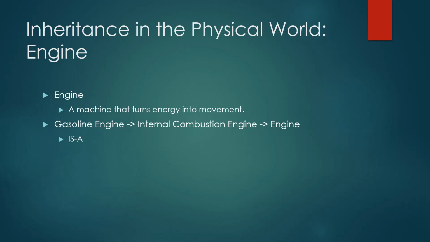Once you understand engine and what it does, and then what an internal combustion engine does and how that's different from an external combustion engine, you can understand what a gasoline engine does: it inherits the characteristics of an internal combustion engine, but it uses gasoline instead of diesel in its specific implementation. Because object-oriented programming languages are meant to help us model objects in the real world, support for inheritance is really central to it, because that's how we engineer and think about objects in the real world.